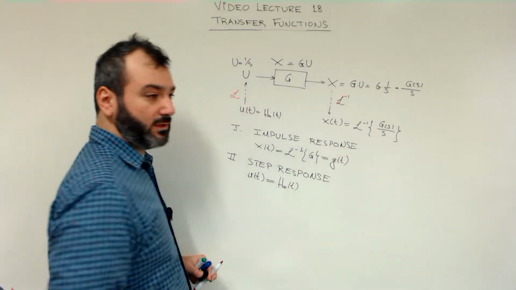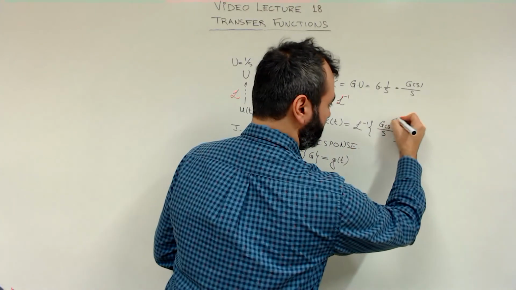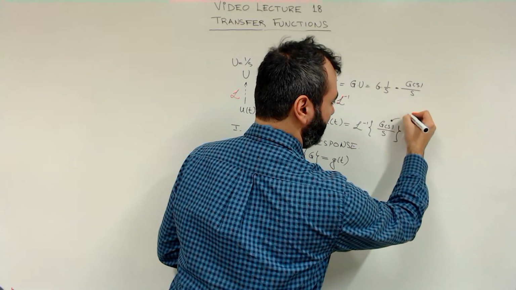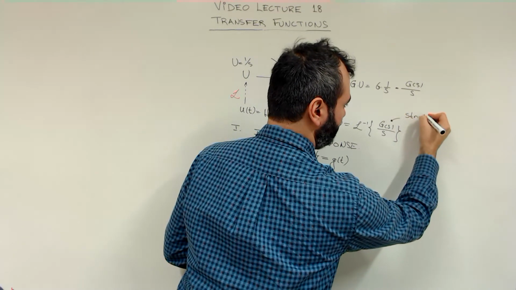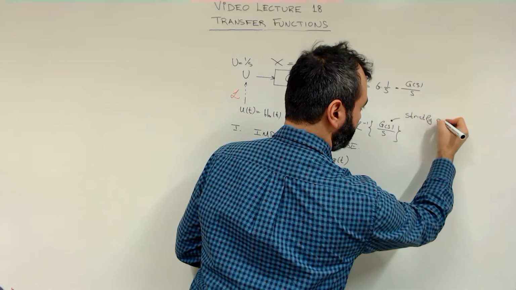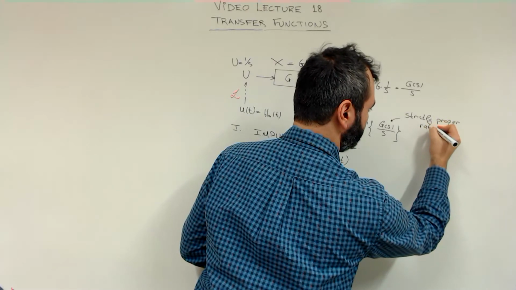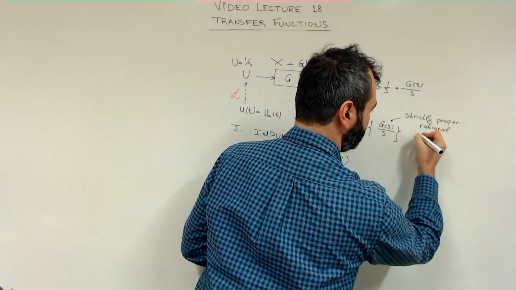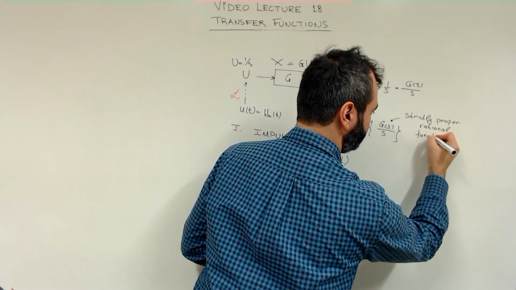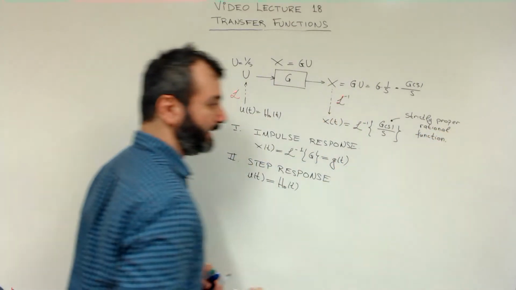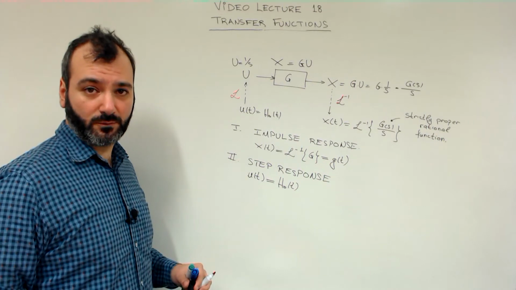The important observation here is that we said that g of s is typically a strictly proper rational function.